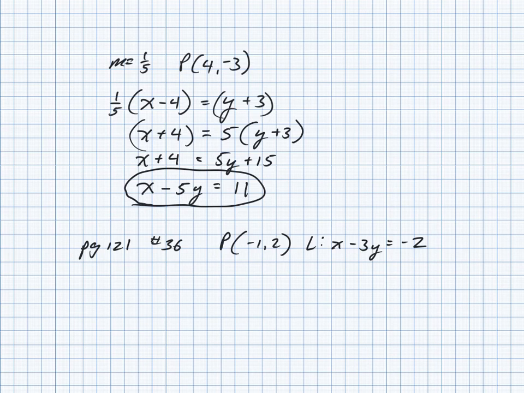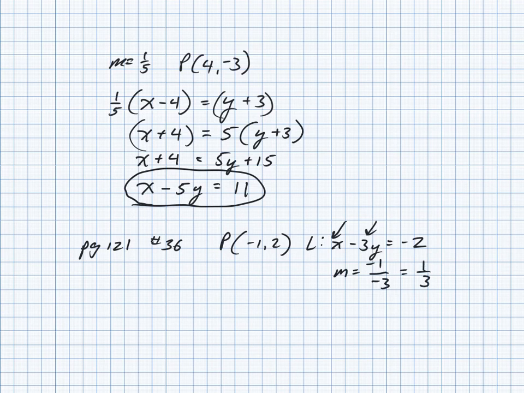So on this one, the first thing we should do is try to find the slope. And if you remember from the previous section, the slope is going to be negative a over b. This question is in standard form, so let's go ahead and take advantage of that and quickly get the slope. M equals negative 1 over negative 3, which simplifies to 1/3.